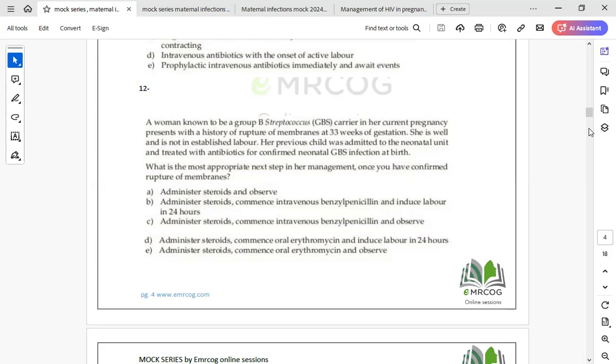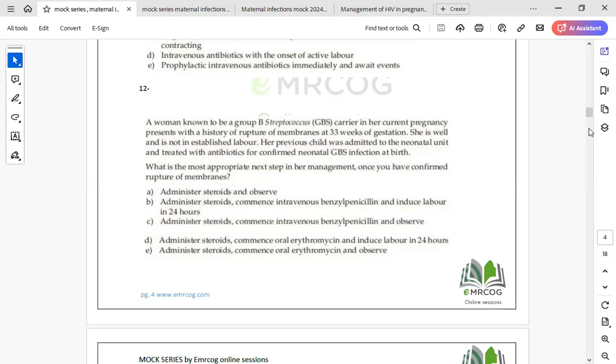So here you are going to favor waiting more than treating the GBS, because the studies have shown that being born prematurely affects the baby's morbidity and mortality more than the GBS. You got it, guys?